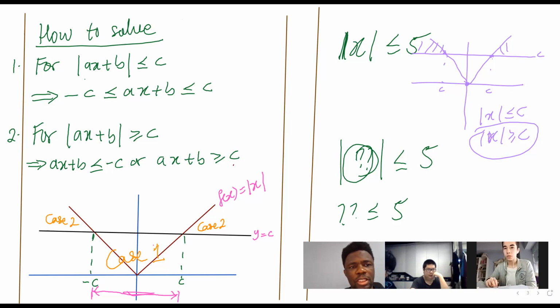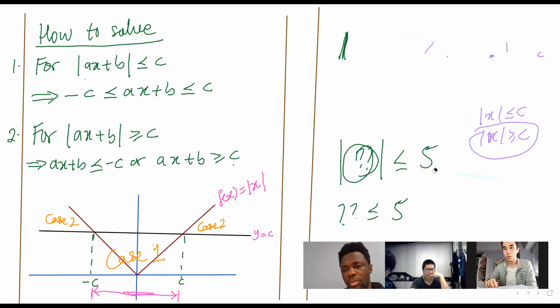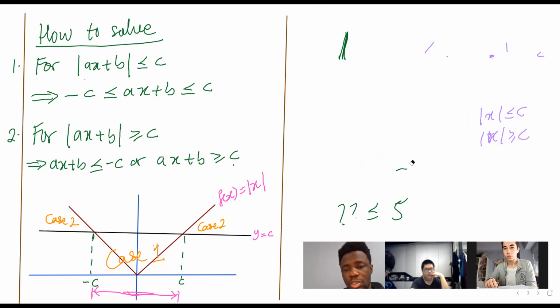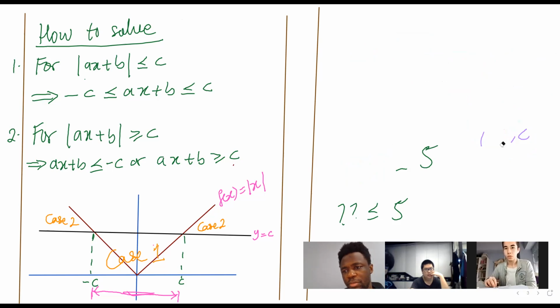Just have the picture at the back of your mind. It will really help. The same happens when you have a rational function: you maintain the same idea, and then you can cross multiply and whatnot.